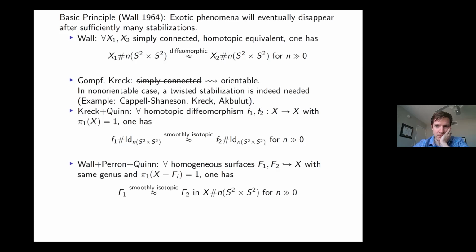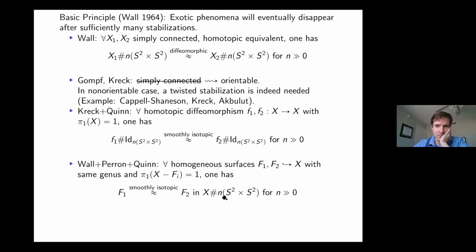The next result is by the combined work of Wall, Perron, and Quinn, which states that two homologous surfaces with the same genus and simply connected complement become smoothly isotopic after you do enough stabilization, namely connected sum with many copies of S2 cross S2 away from these two surfaces.